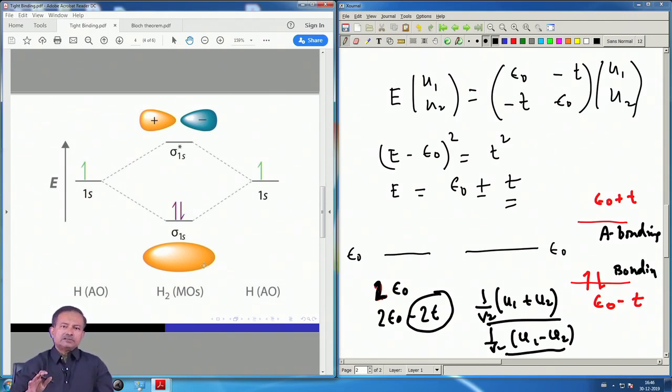But now, once the two protons come close by, the electrons start talking to each other, and the time dependent Schrodinger equation now allows the electrons to reside part of the time in the first atom, part of the time in the second atom. That means it can hop over between the two atoms, two protons, and it is a state which is a linear combination of these two atomic orbitals. So these off diagonal matrix elements always do this.